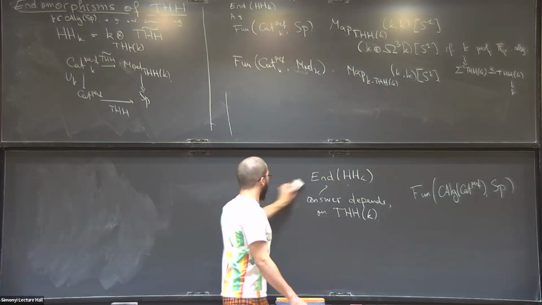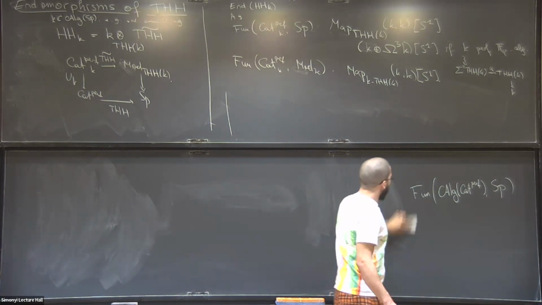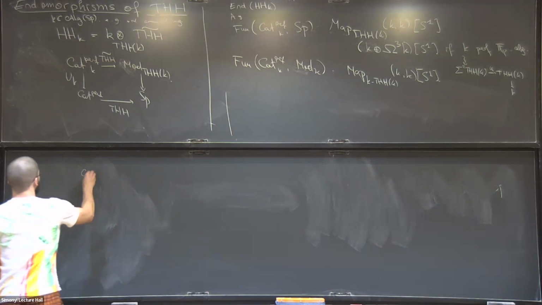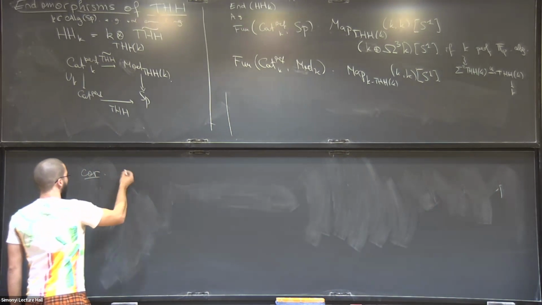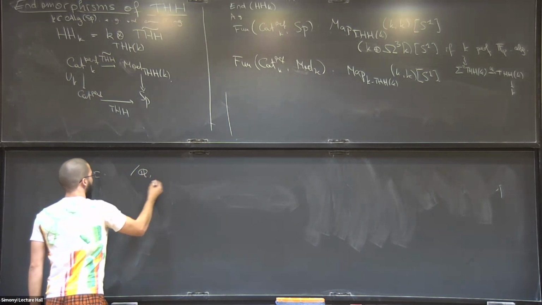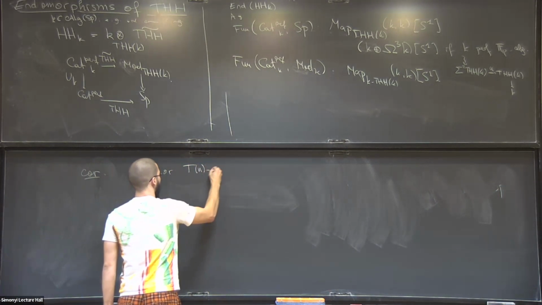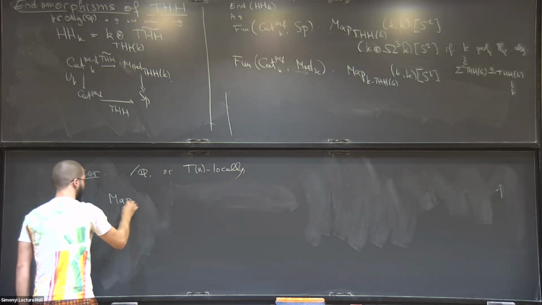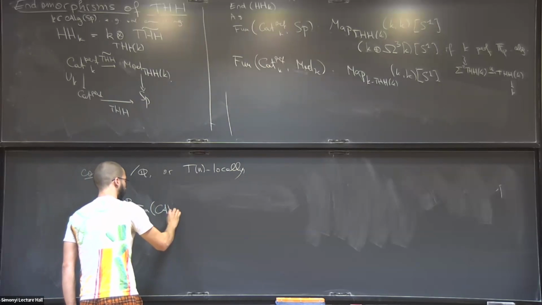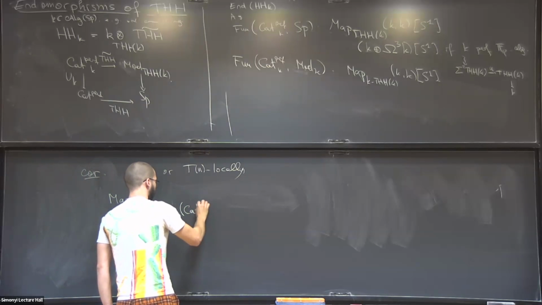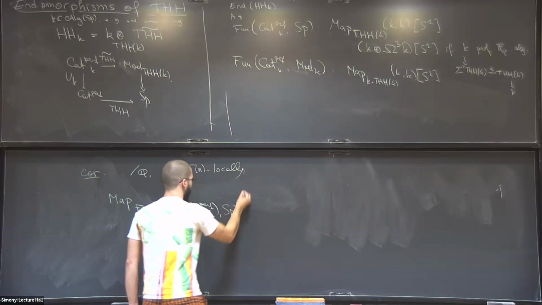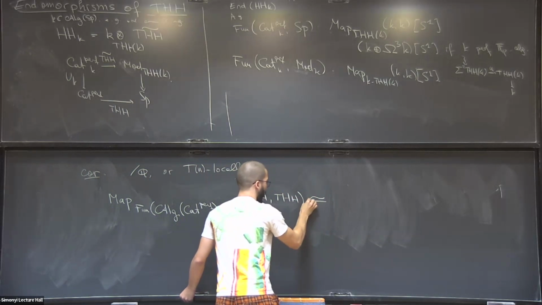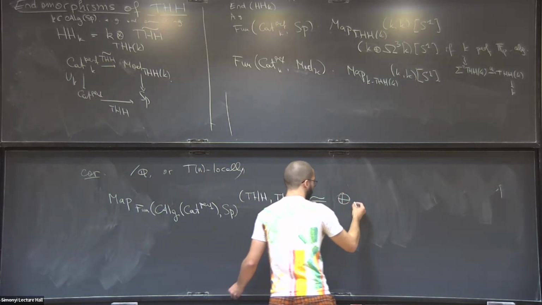And you get that in those cases, so rationally or Tn locally, Lode shuffle operations are the only operations we have. So corollary: rationally over Q or Tn locally, maps in this functor category from THH to itself is actually, well, some kind of direct sum.